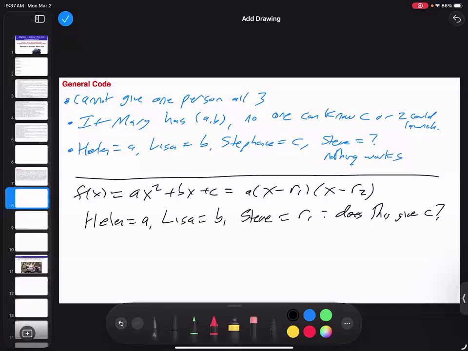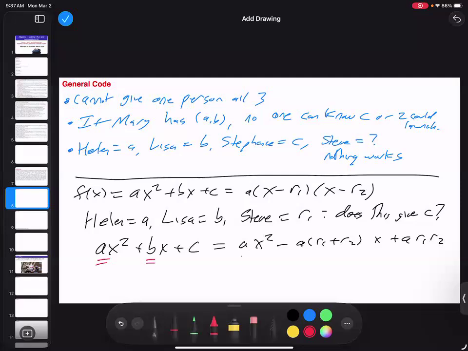So we would know ax squared plus bx plus c equals ax squared minus a(r1 plus r2)x plus a r1 r2. And so we know A, we know B, we know R1.